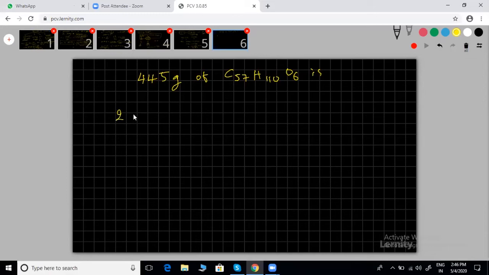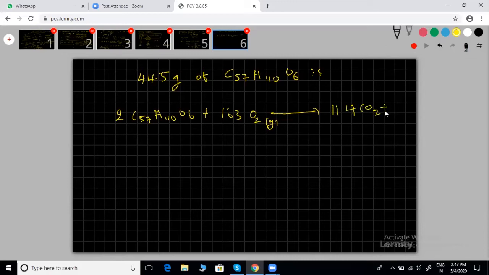Take 2 moles of C57H110O6 plus 163 O2 gives 114 CO2 plus 110H2O. I hope you can balance. Even if they are not giving the equation, you need to balance. Only after balancing should you start solving the problem. Before balancing, don't try these things.